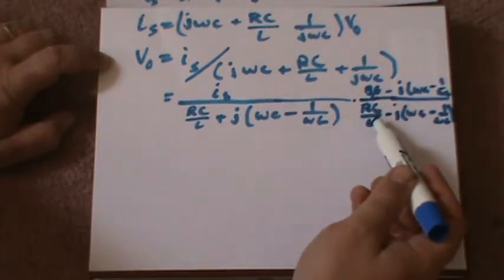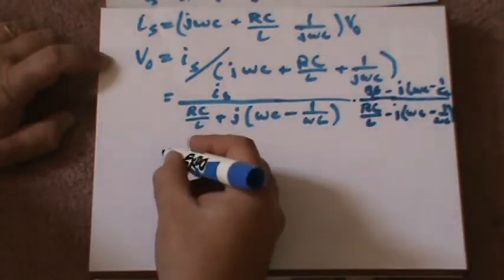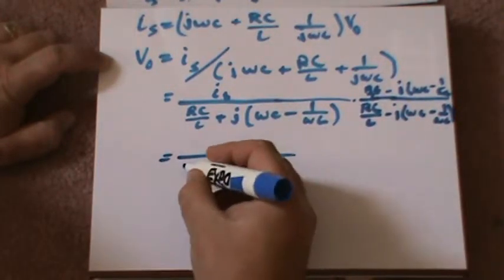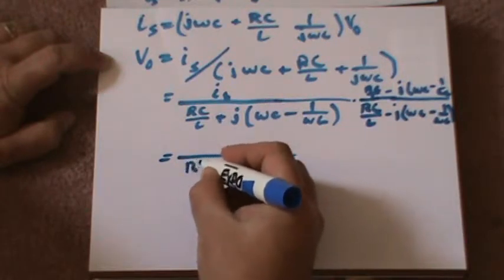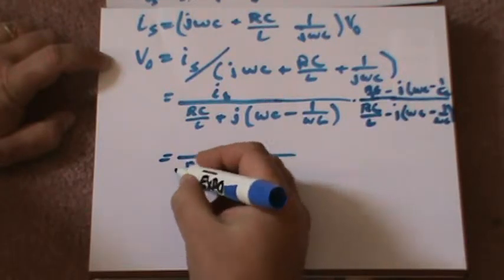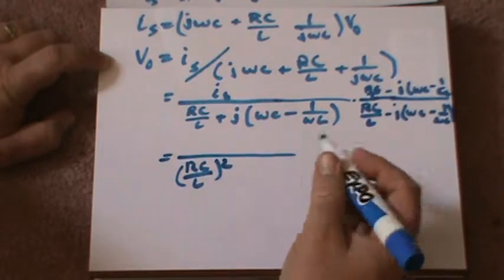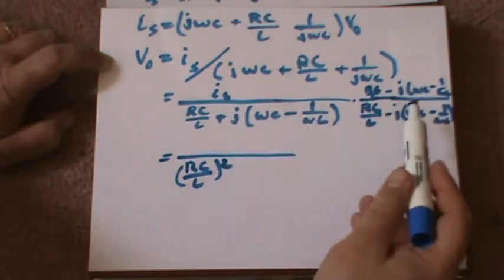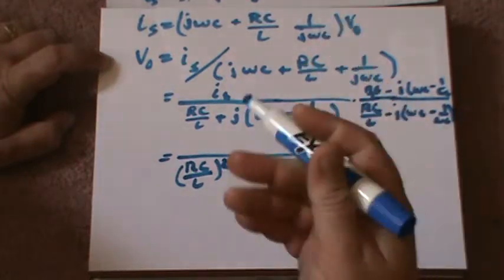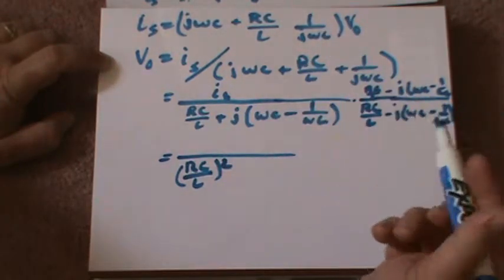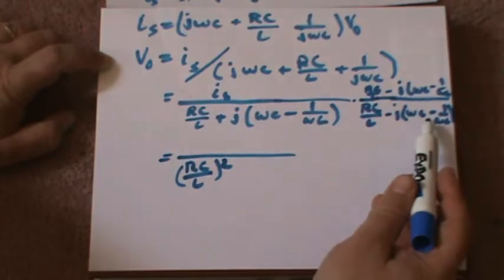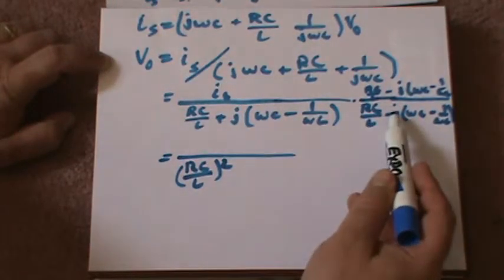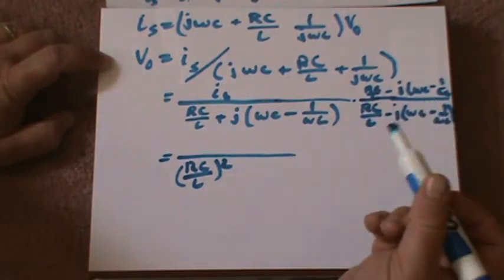What's going to happen is the RC over L multiplies RC over L. So on the bottom, I end up with RC over L squared. And I'll get RC over L times this plus 1 and RC over L times the minus 1. They'll be equal and opposite, so they will cancel. And then I'll get this one times that, and I'll get j times minus j, which will just give me plus 1.